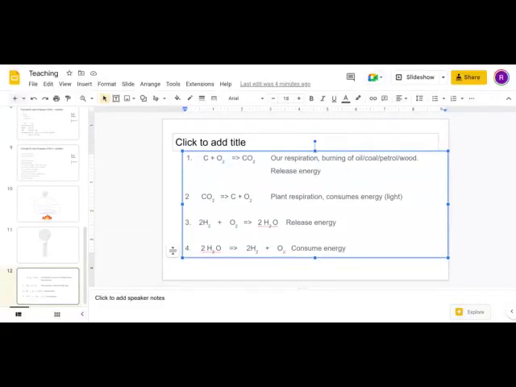Now, if you take 1 molecule of water, you will get H2, 2 atoms of hydrogen and 1 atom of oxygen. So to get a molecule of oxygen, you need 2 molecules of water. And from 2 molecules of water, you will get 4 atoms of hydrogen, which will give you 2 molecules of hydrogen. So by breaking 2 molecules of water, you will get 2 molecules of hydrogen and 1 molecule of oxygen.